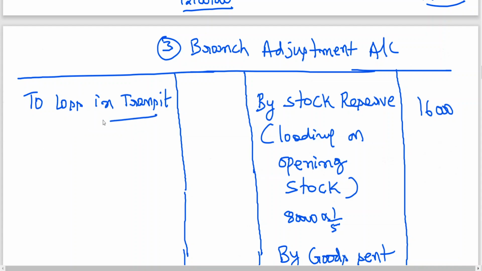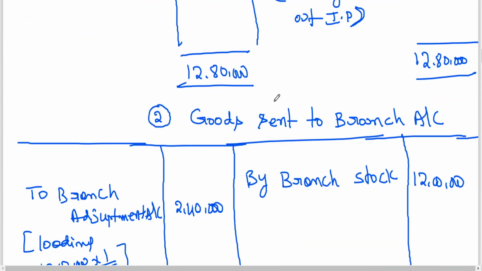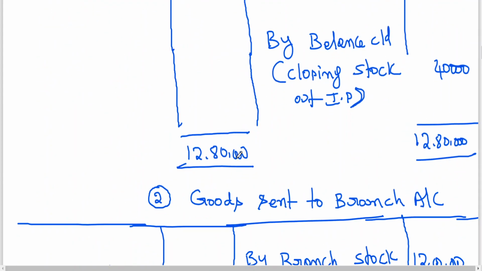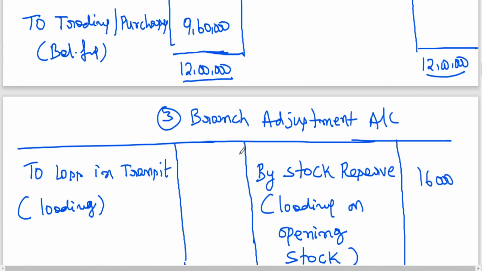Loss in transit loading: 15,000 into 1 by 5 is coming to 3,000 rupees.